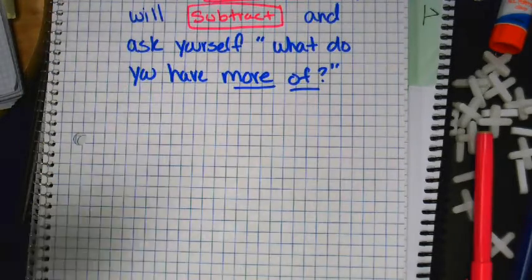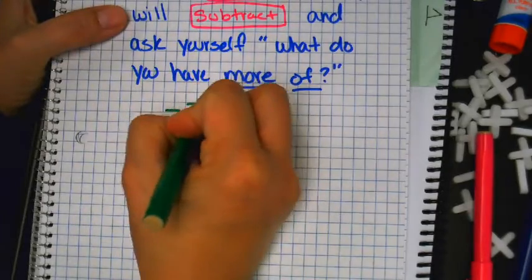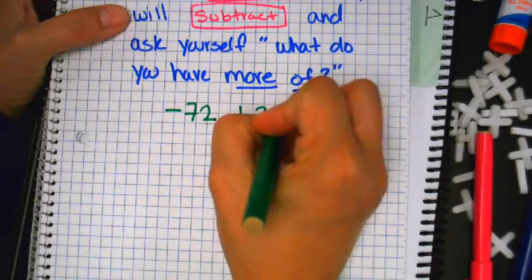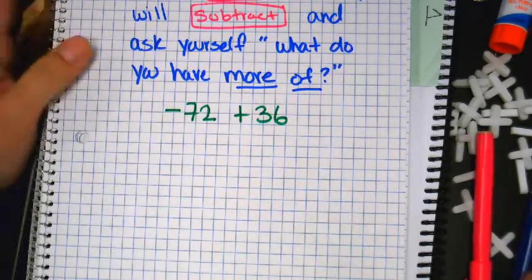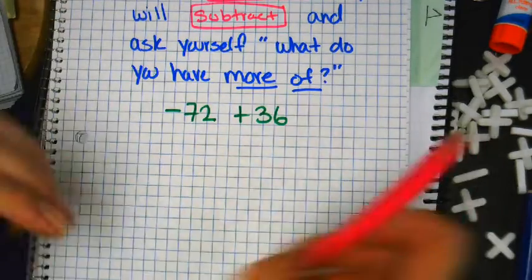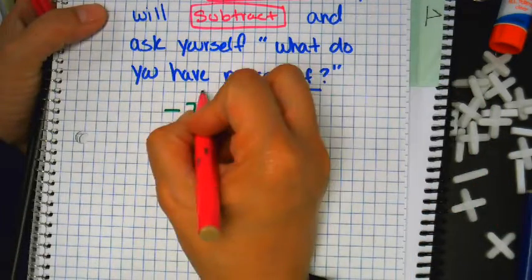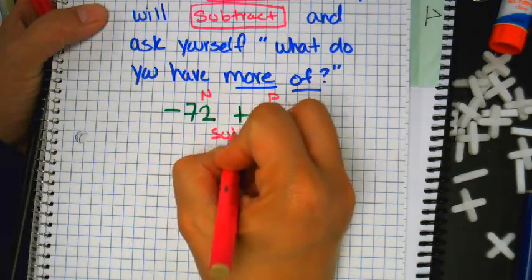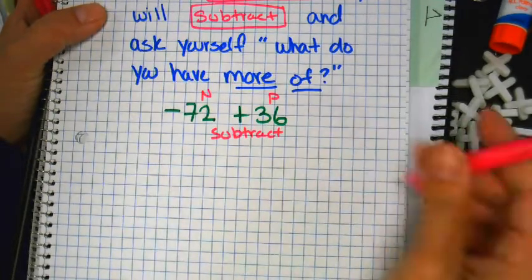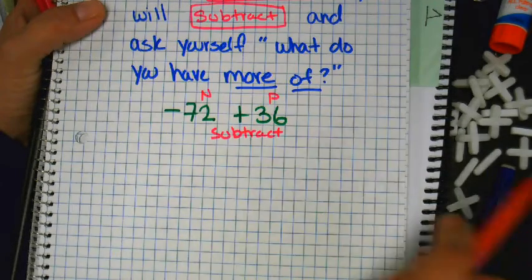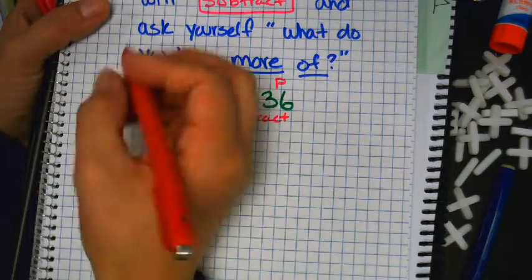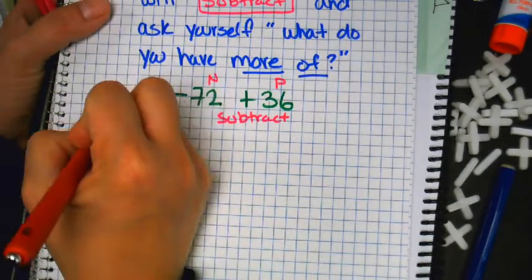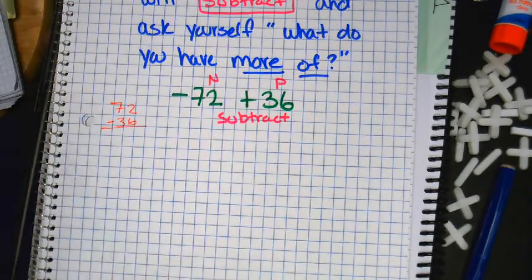All right, so if I have negative 72 plus 36, you subtract. This is a negative number, this is a positive number, so you're going to subtract. Feel free to subtract on the side. 72 minus 36, and we borrow correctly.